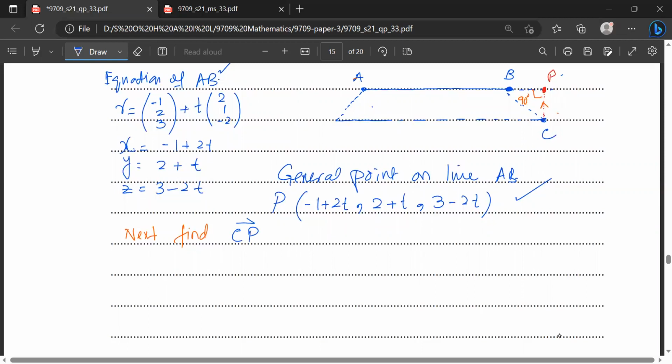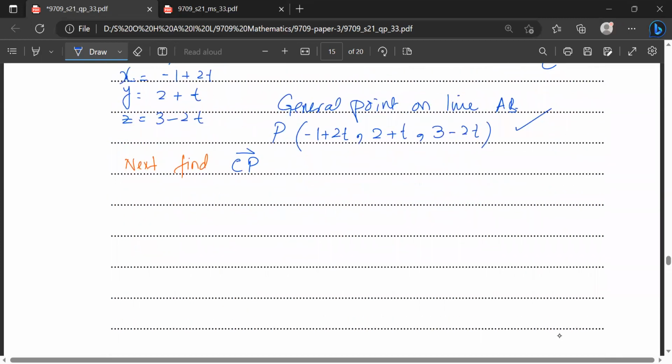So CP vector is, you know, OP minus OC. OP is the position vector of the general point, minus 1 plus 2t, 2 plus t, and 3 minus 2t, minus OC, the position vector of the point C, and C is given 2, 2, and minus 3.